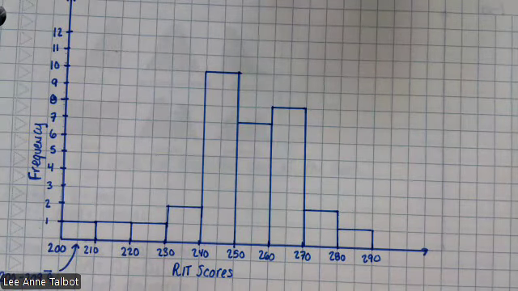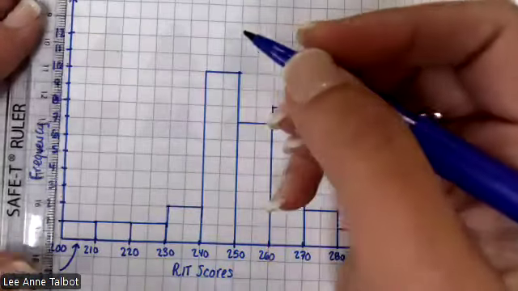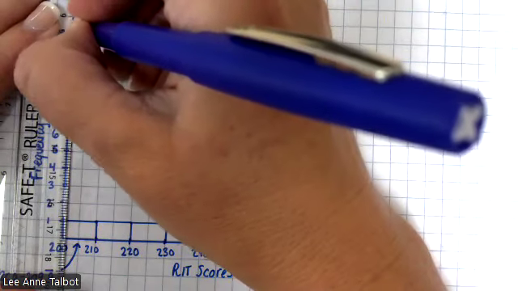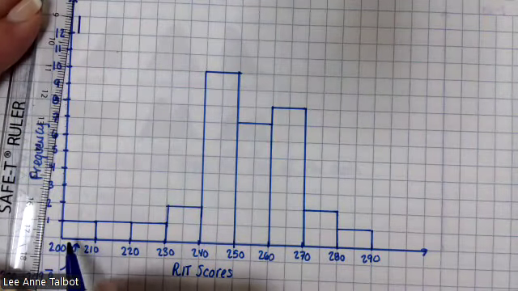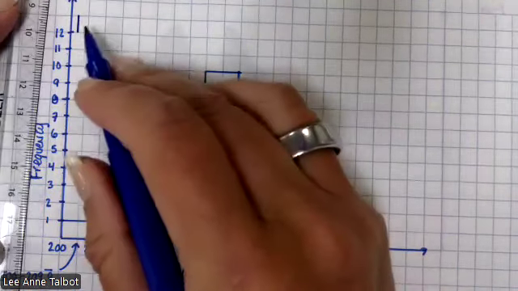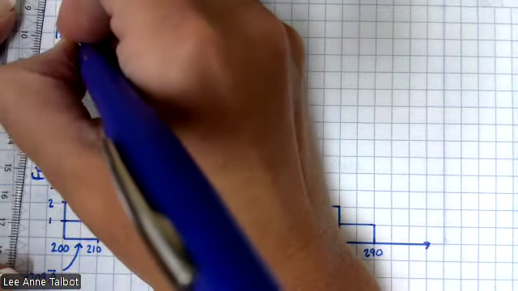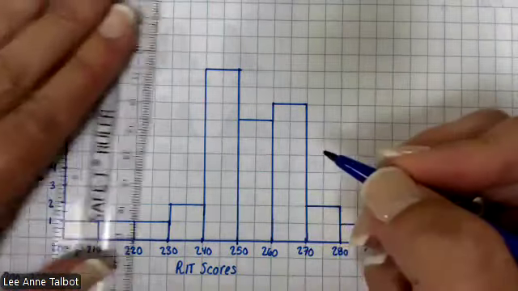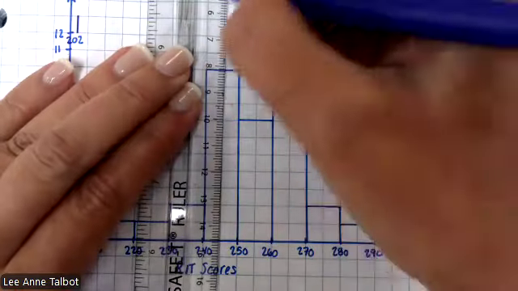What was the minimum? 202. You just have to do your best to mark 202, knowing that this is 200 and this is 205. Then the first quartile was 245. That's good because it's right on a line.